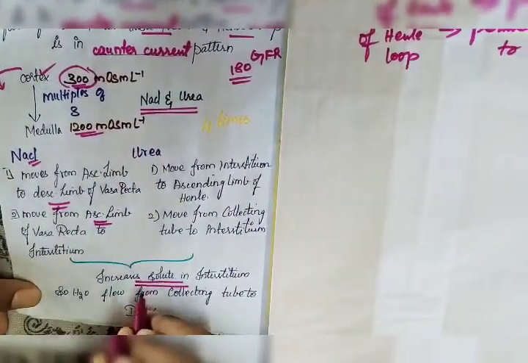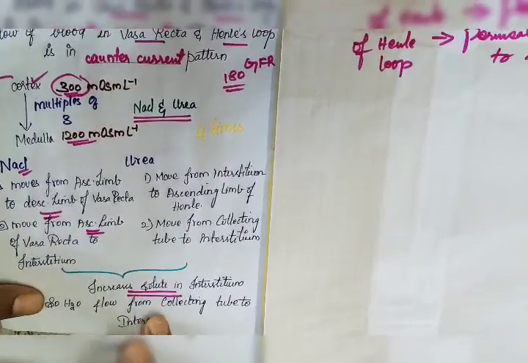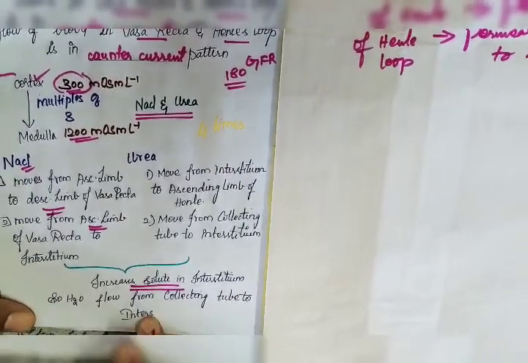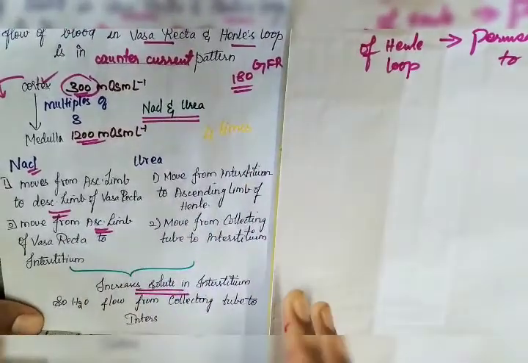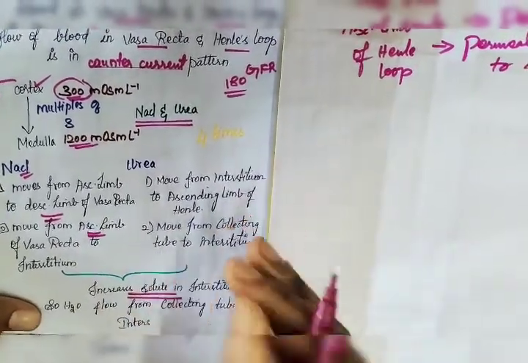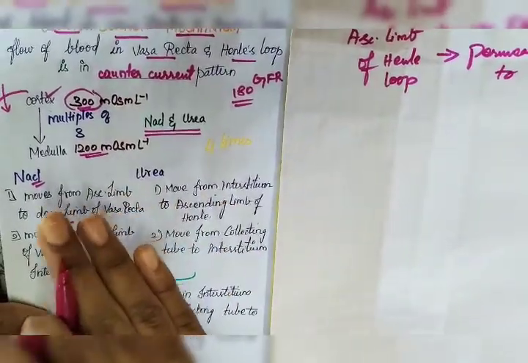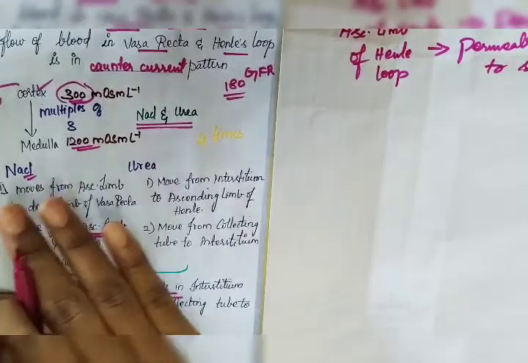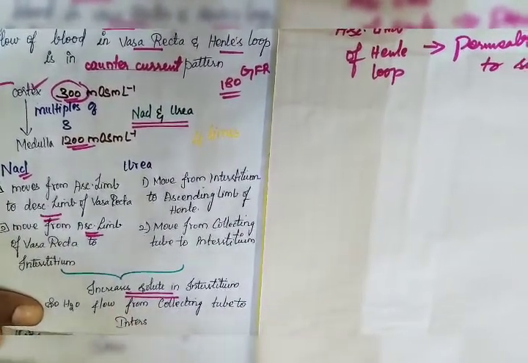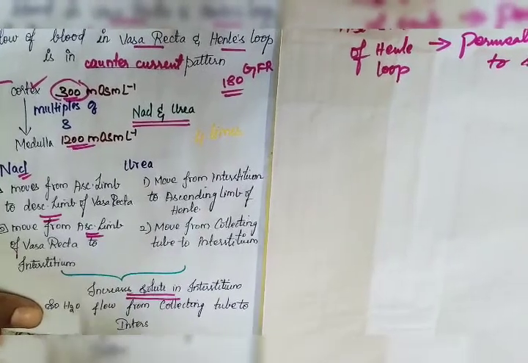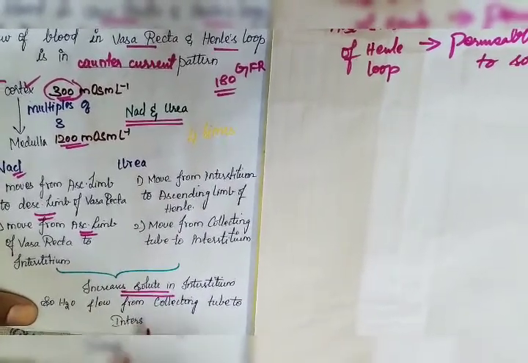As solute increases in the interstitium, water flows from the collecting tubules to the interstitium, which makes the urine in the collecting tubule concentrated. What is osmosis? The movement of water from a higher concentration of water to a low concentration of water. That is what is happening here. In the interstitium we have a low concentration of water, so the collecting tubules lose water to the interstitium.